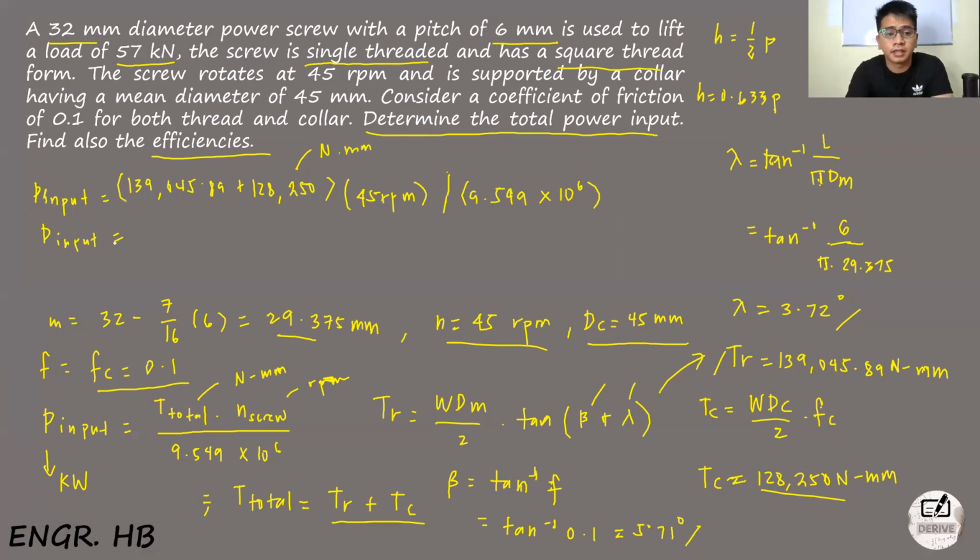So, ayan, sana tama ang ating mga values. 139,045.89 plus 128,250 times 45 RPM divided by 9.549 is 1.26 kilowatts. Yeah, all right. Meron na tayong power input.